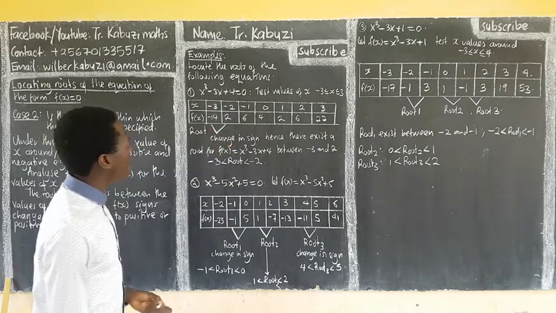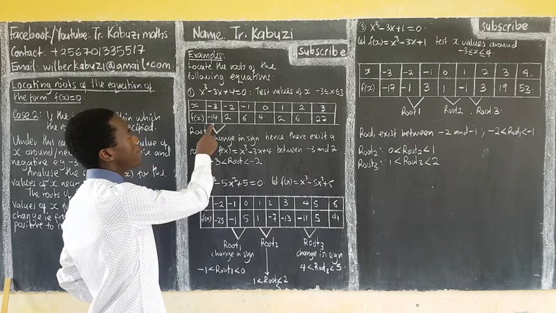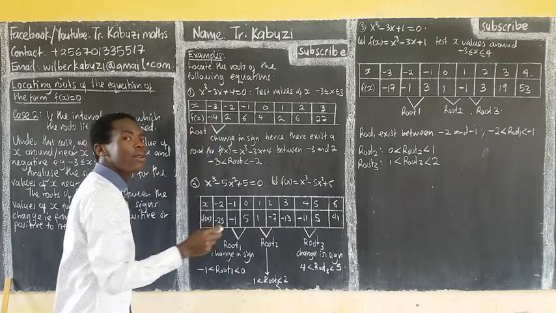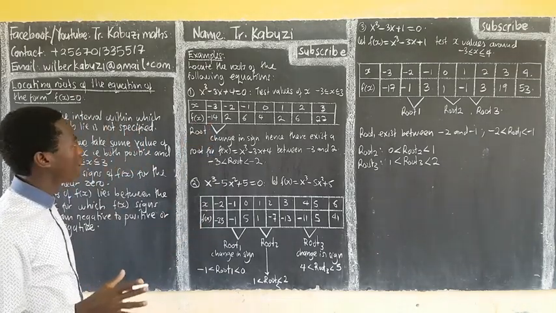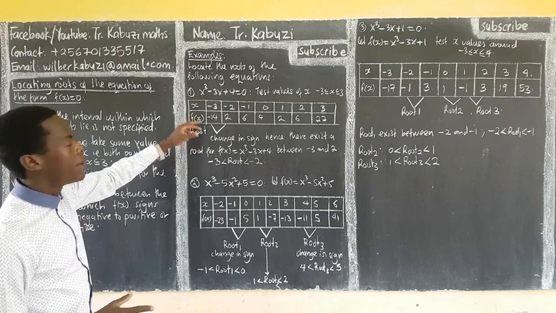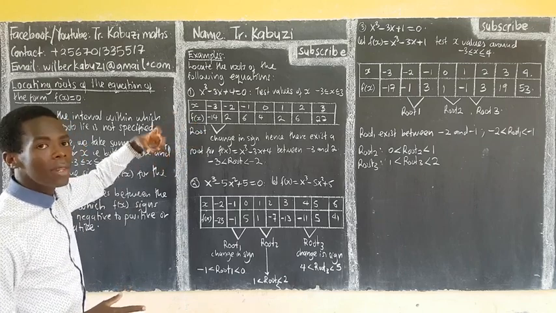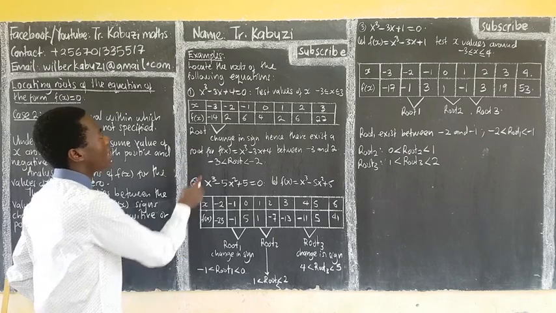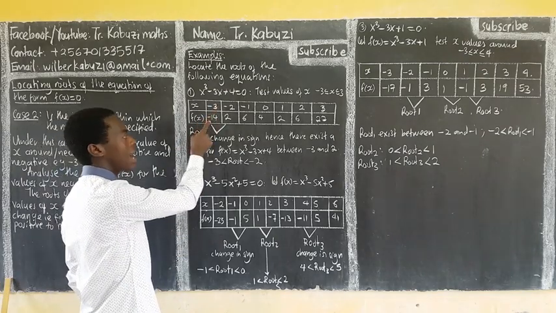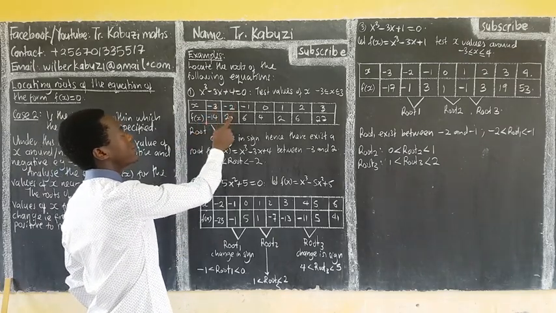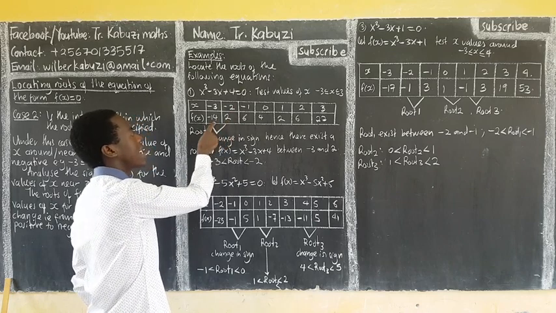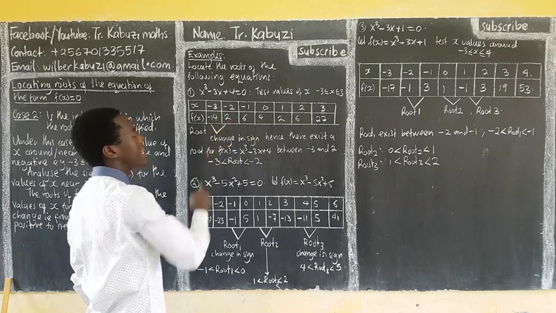Now, you note that there is a change in sign for f of x. After putting in negative 3 we got this, but after putting in negative 2 we got this. So this one is negative, this one is positive, so there is a change in sign.